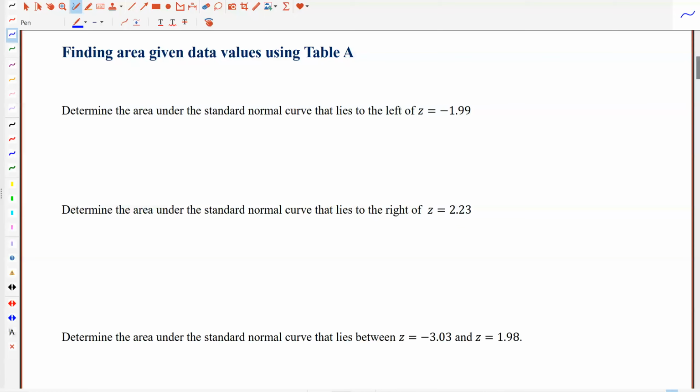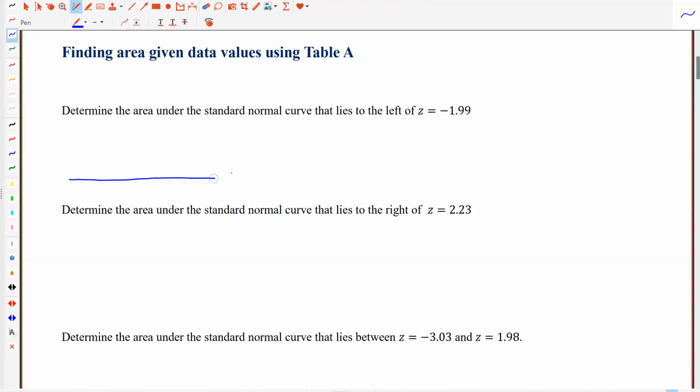When solving these problems about normal distributions and finding areas under the curves, I always like to create a sketch of what's going on with appropriate shading and labeling, so that I can have a good visual reference of what is happening in this problem. Alright, so I'm working under the standard normal curve.